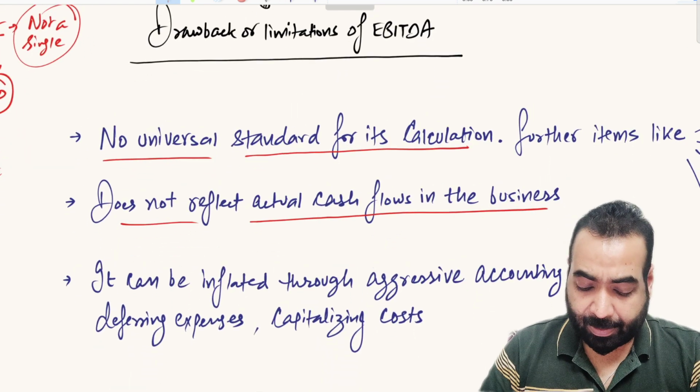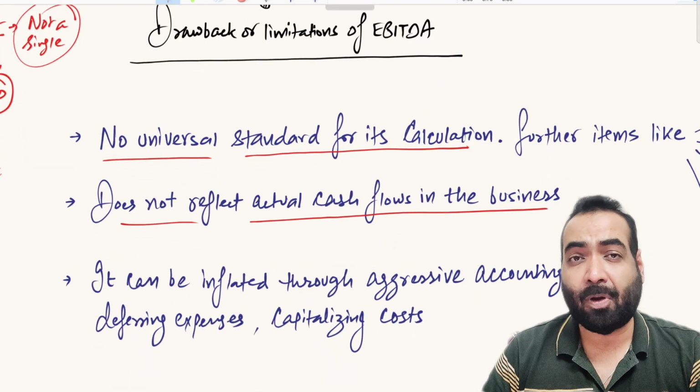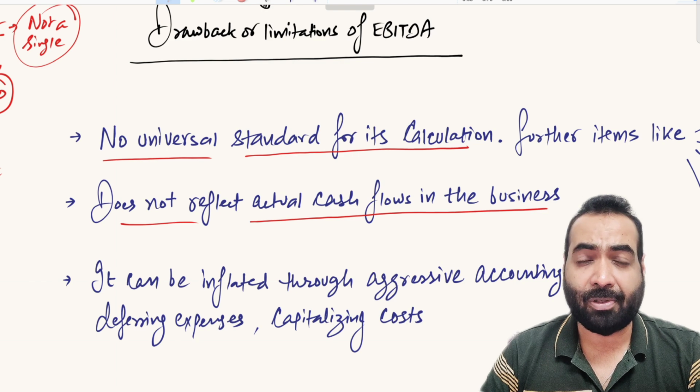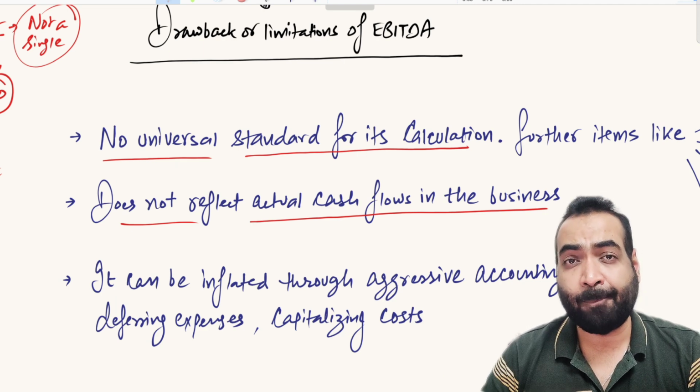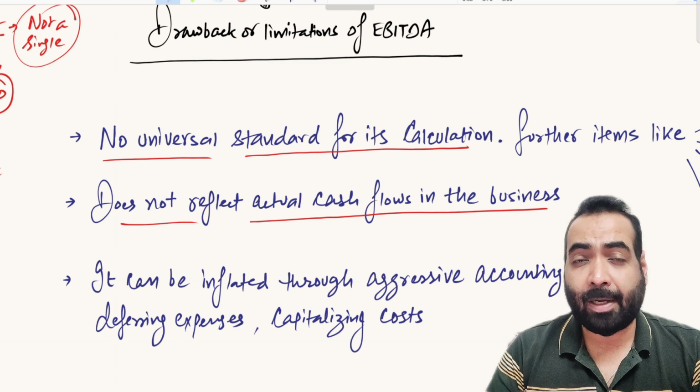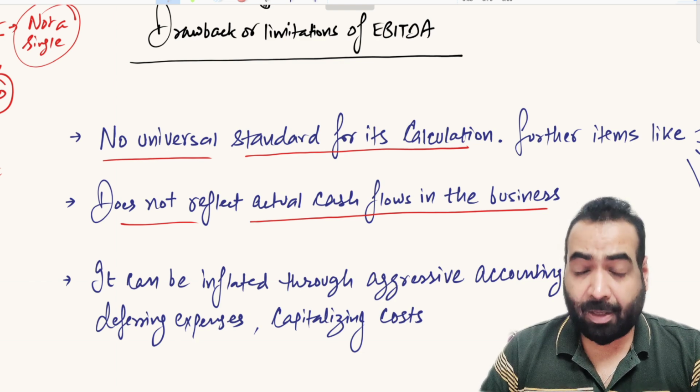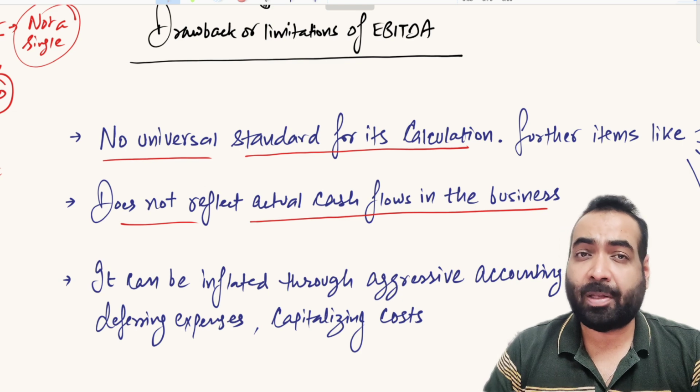The third and last point is the manipulation or window dressing involved in the financial statements. You calculate EBITDA from the profit and loss account, and based on EBITDA you try to judge the entity's profitability and earning capability. In order to create a rosy picture in your mind, entities can manipulate their balance sheet or profit and loss account very easily.